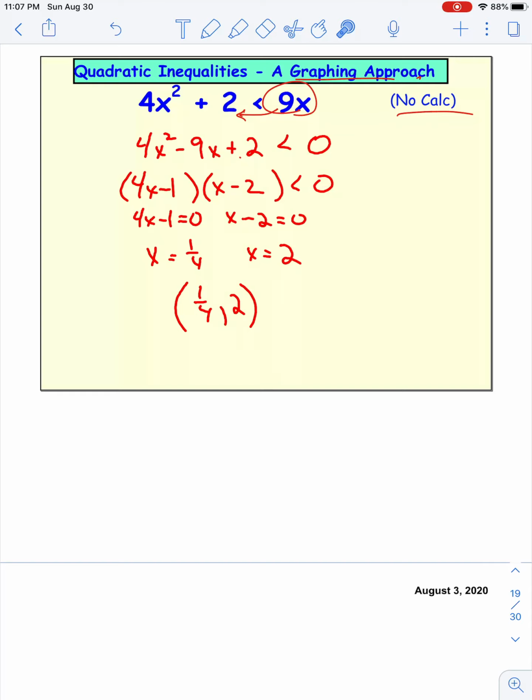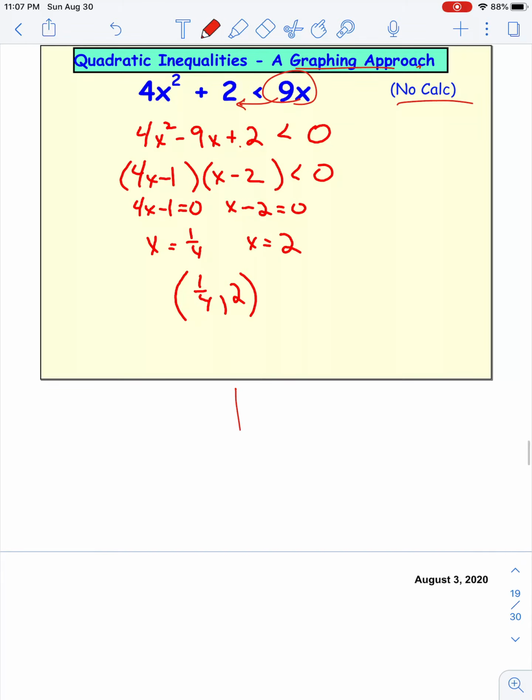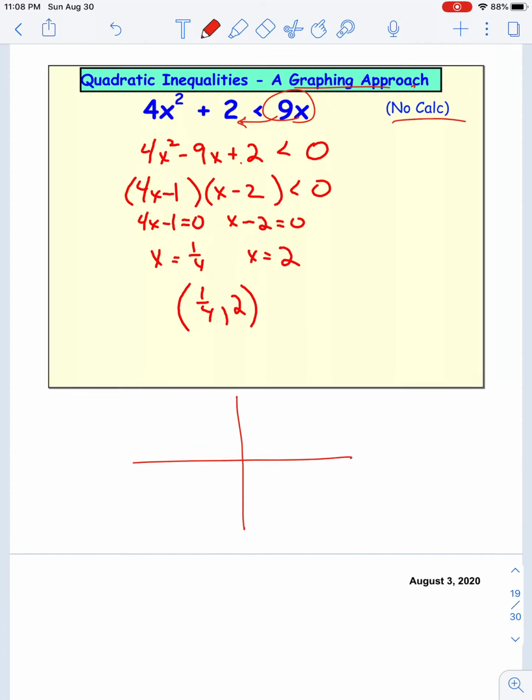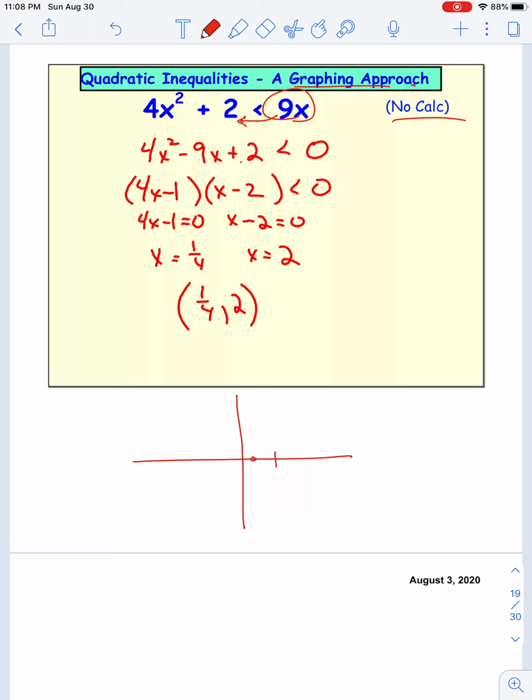Because I'm trying to find where they cross the x-axis. So now that I know that, I'll make a quick sketch of a graph, and we know that that's going to happen at 1/4. So that's like about right there. And at 2, which is right there, once again, because it's positive 4x squared, it's going to open up.